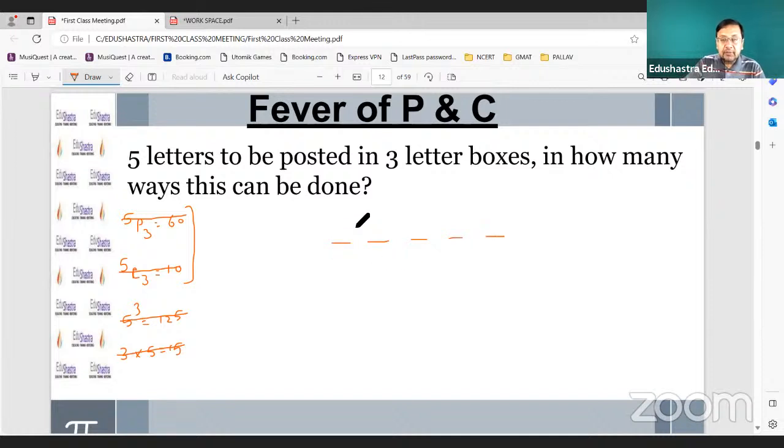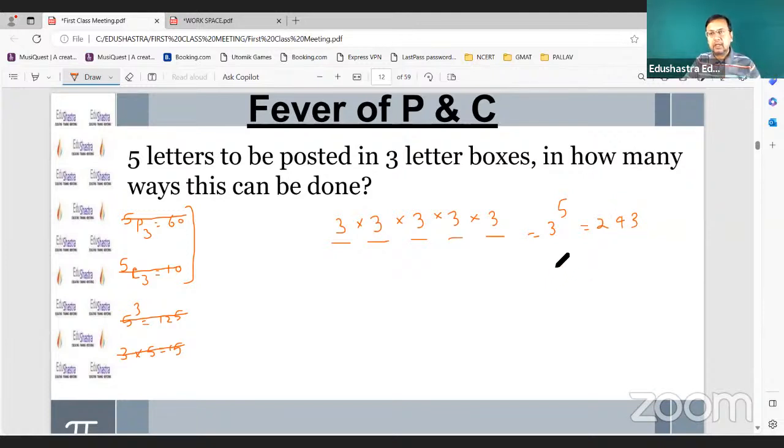So the first letter can be posted in what? 3 ways. Second letter, 3 ways. Next letter, 3 ways. Next letter, 3 ways. Next letter, 3 ways. And what to do? Multiply these.